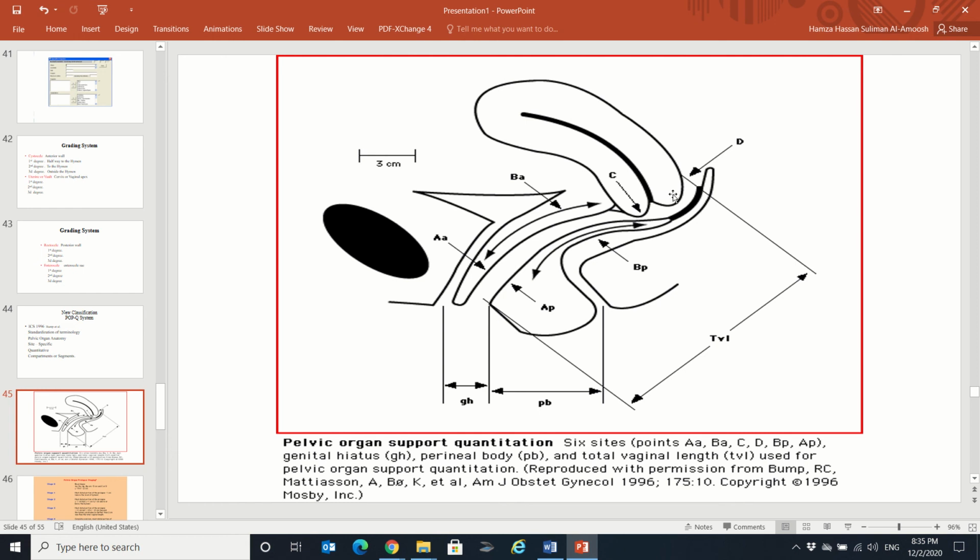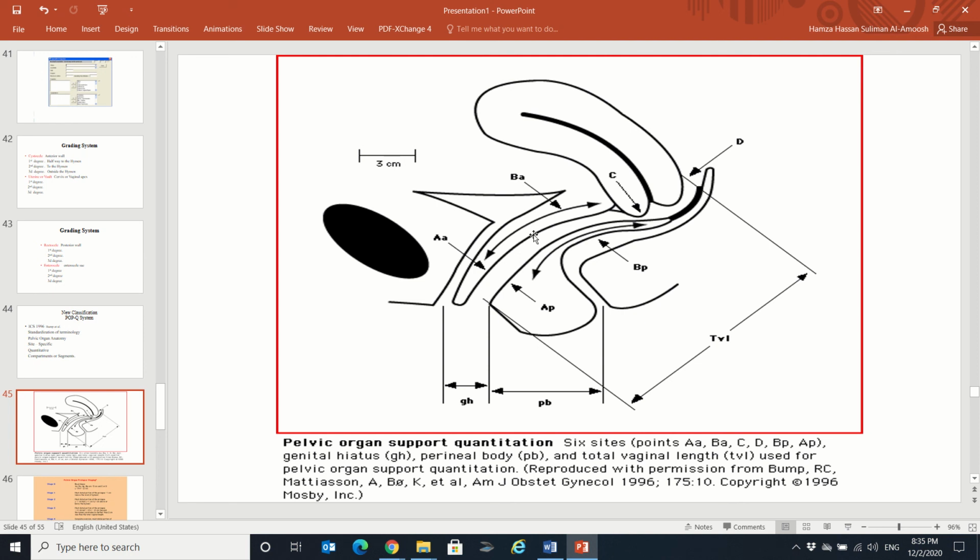It's the C point. So when we see C point, this is the area of the cervix. The cervix should be at least 7 centimeters above the hymenal ring, or the opening of the vagina. So the hymenal ring is the landmark for description of the prolapse.